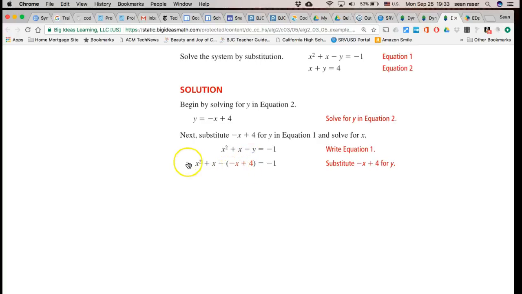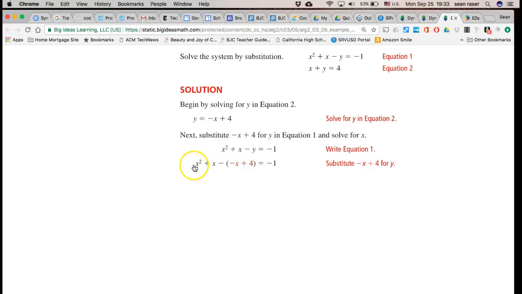Remember, it's x squared plus x minus y, so x squared plus x minus, and we take out the y and put parentheses negative x plus 4. So we've substituted this value in for y into equation number 1. The parentheses help you, especially where we have minus and negative, or have to distribute the minus to multiple terms. They help you keep track of everything.